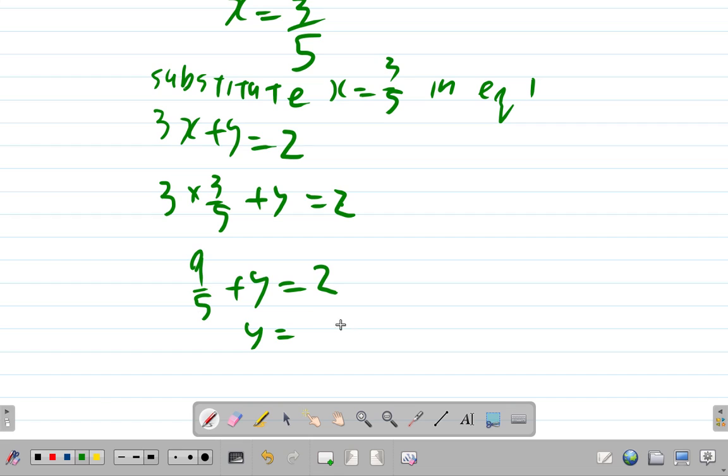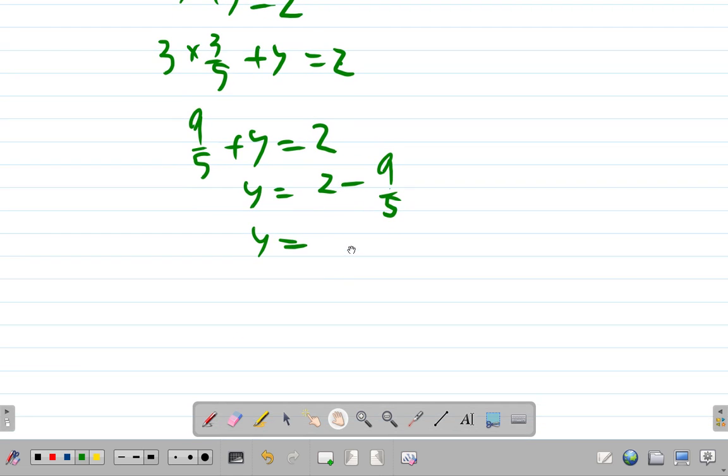So y is equal to 2 minus 9/5. y equals, what is 2 minus 9/5? Could use a graphics calculator. I don't have my graphics calculator here with me, so I'll just work it out like this. This is 2 divided by 1 minus 9 divided by 5.